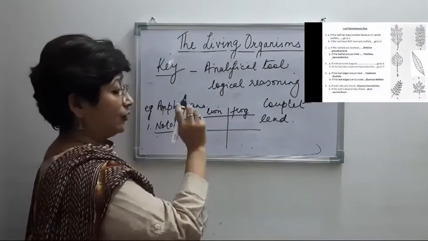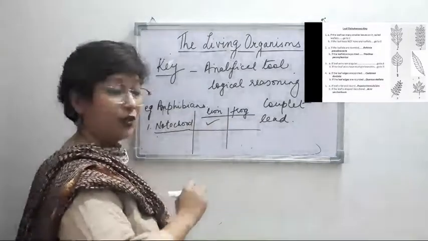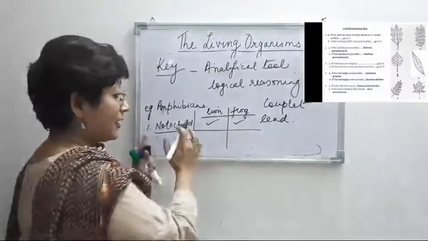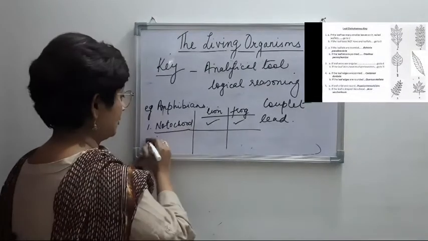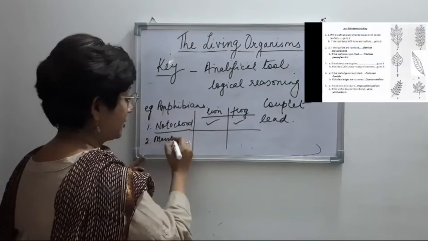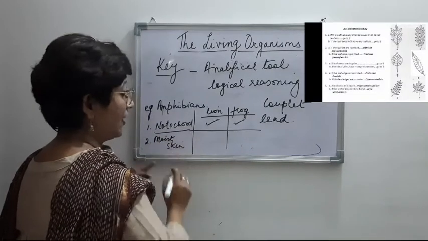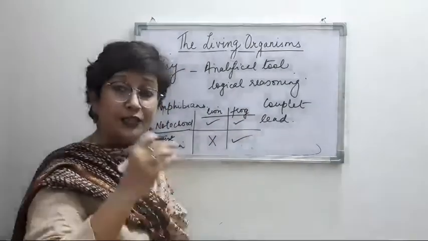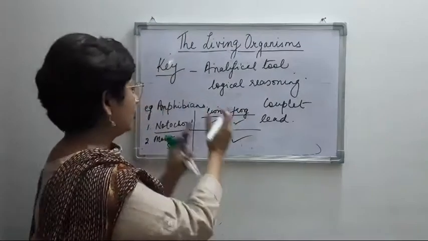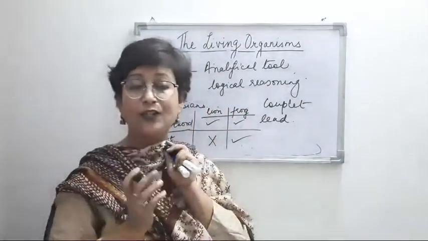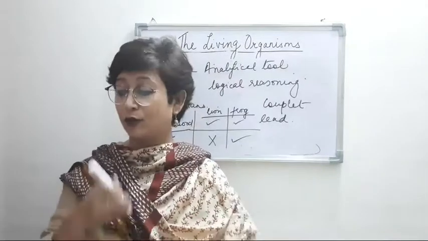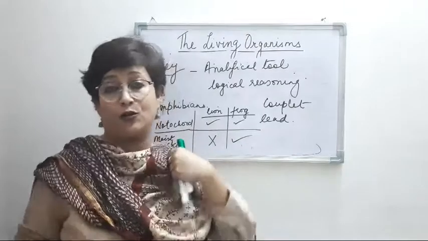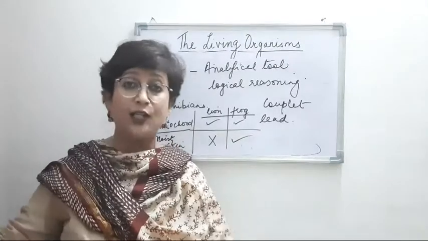The notochord is present in the lion also, and the notochord is present in the frog also, right? The next characteristic is the presence of moist skin, right? So lion does not have a moist skin, whereas frog has a moist skin. That means frog belongs to the category amphibians, right? So this is how the key works, and we come to know about the category to which that particular organism belongs, right? So that's the end of today's lesson.